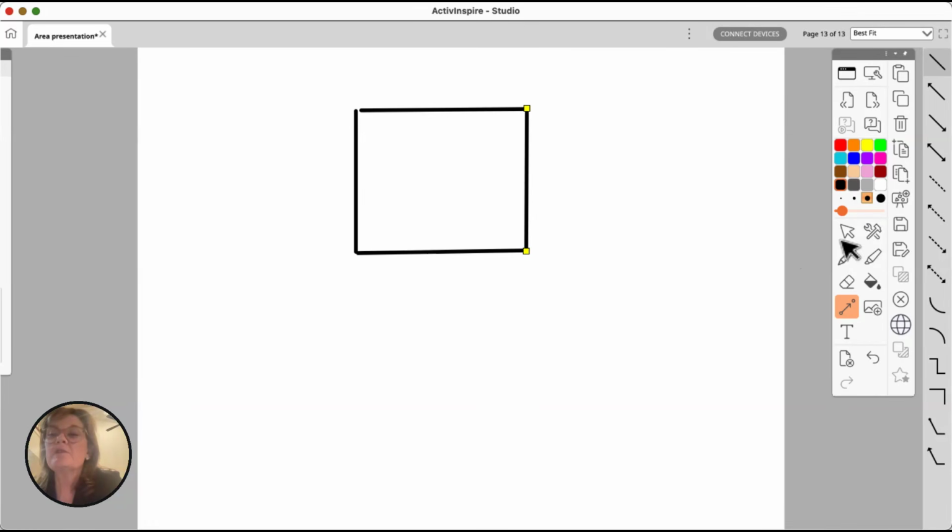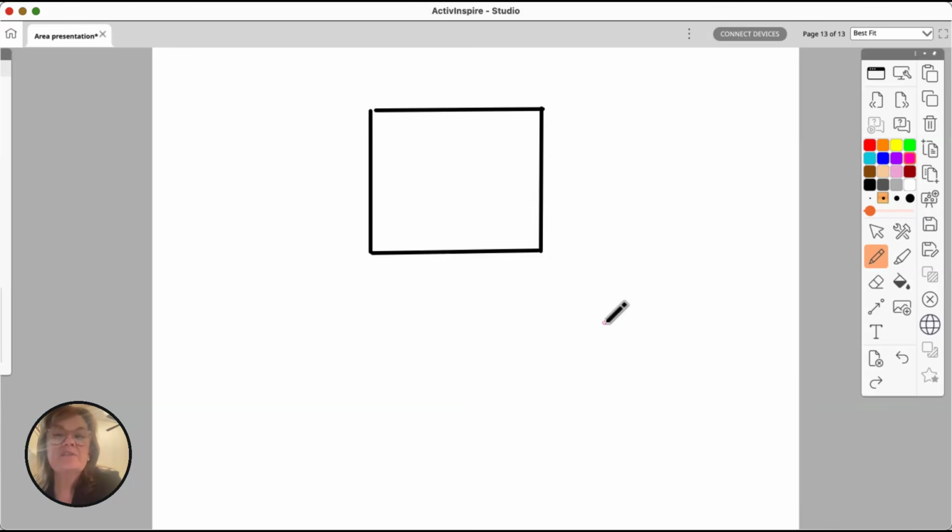All right, so remember, you could count if there's squares. If there's not squares, you need to know the length. So let's say we have 6 and 5. Okay, you would multiply 6 times 5 to get your answer. And your answer would be 30 square units.